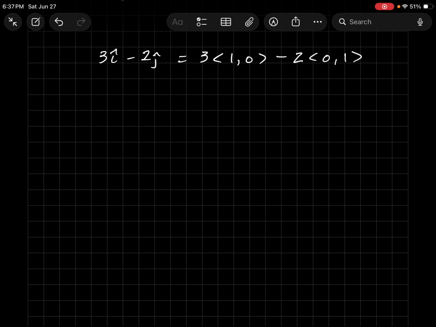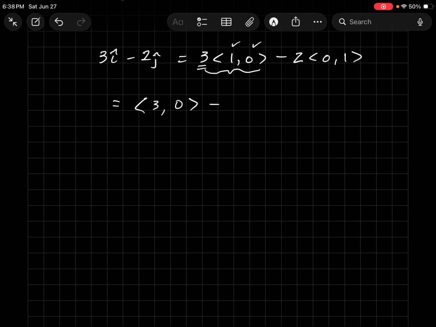I also implied how we can multiply vectors by a constant. So if I want to multiply a vector by a constant, for example right here, 3 times the vector 1, 0 simply becomes 3 times 1, comma, 3 times 0. That is, I can multiply this coefficient, this number out front, by each of my components individually and just leave my comma there in between.